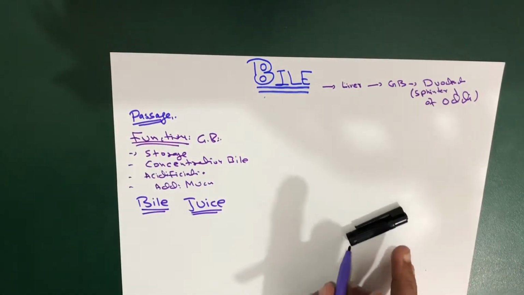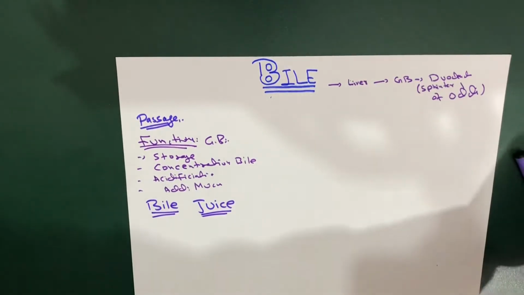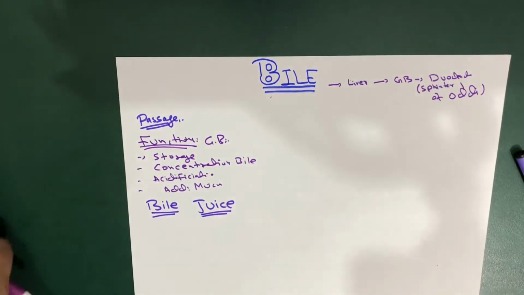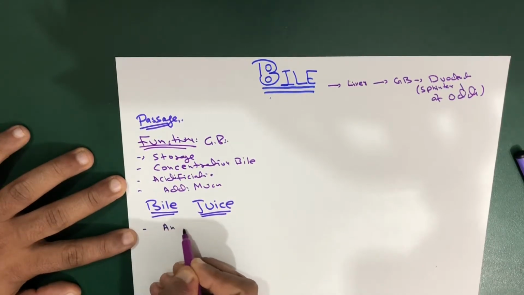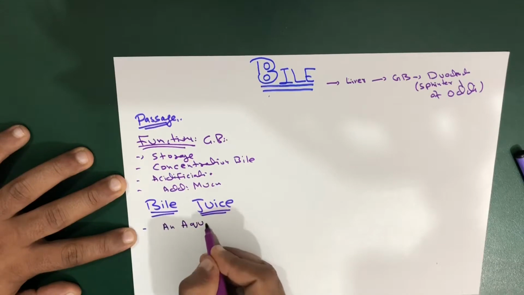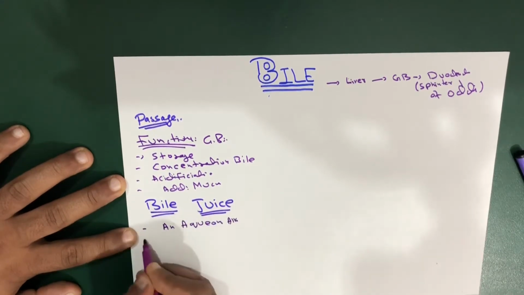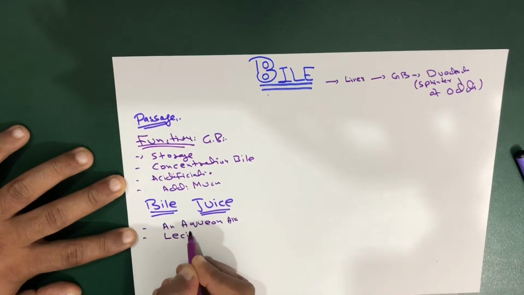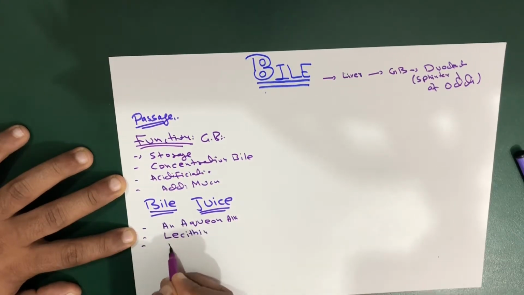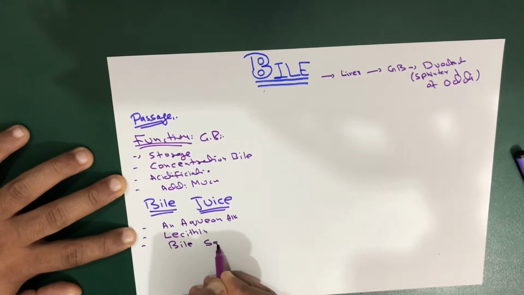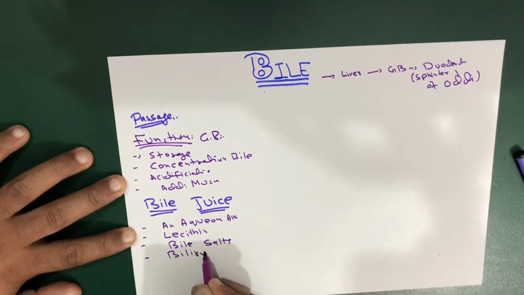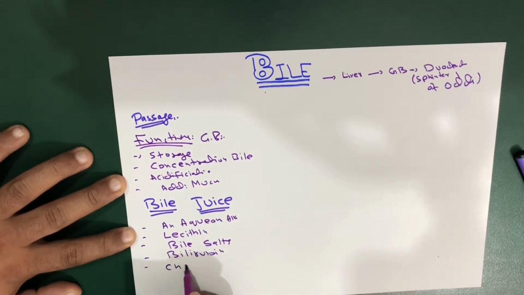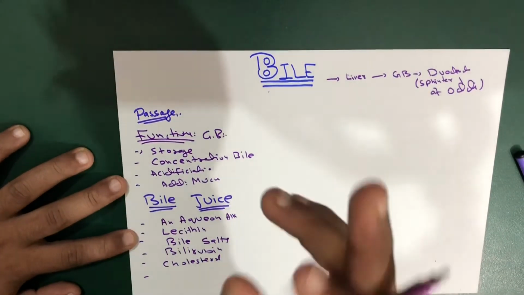The bile juice is composed of an aqueous alkaline fluid, lecithin, your bile salts, your bilirubin, the cholesterol, and there are no enzymes in your bile juice.